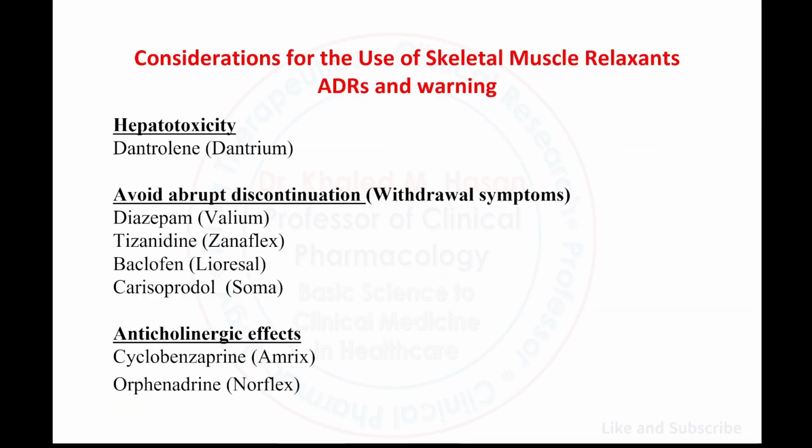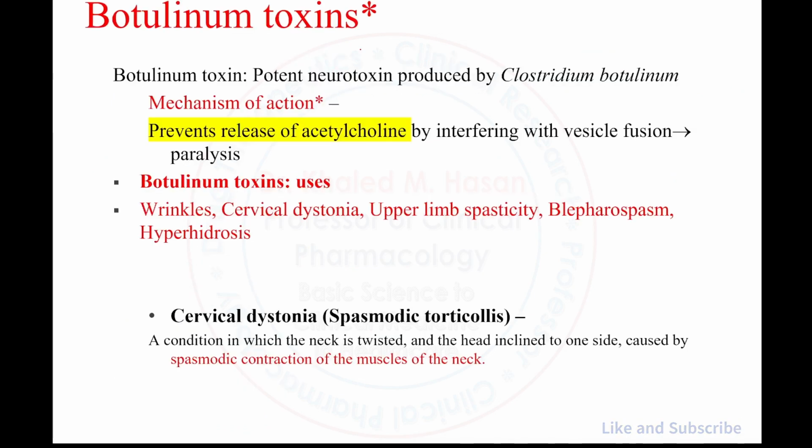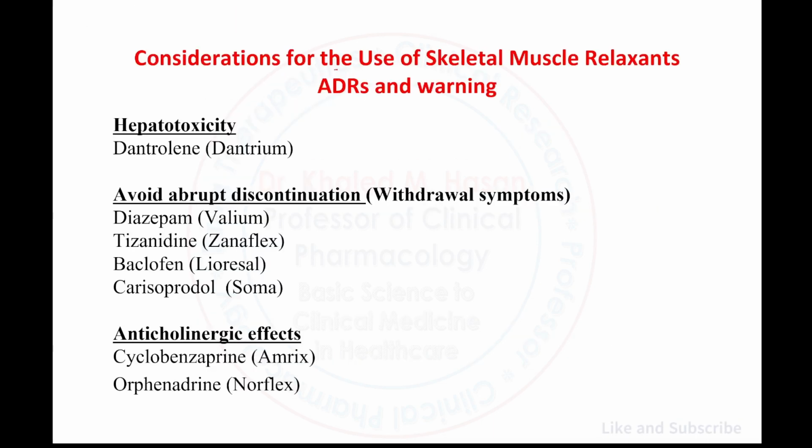So this slide presents a summary about side effects and warnings, adverse drug reactions and warnings. Okay, the question from the list, what we have there, if you remember, we have diazepam, we have baclofen, carisoprodol. Which of these medications carry the risk of hepatotoxicity? We have dantrolene, Dantrium. Which of these medications need to be avoided abrupt discontinuation and cause withdrawal symptoms?